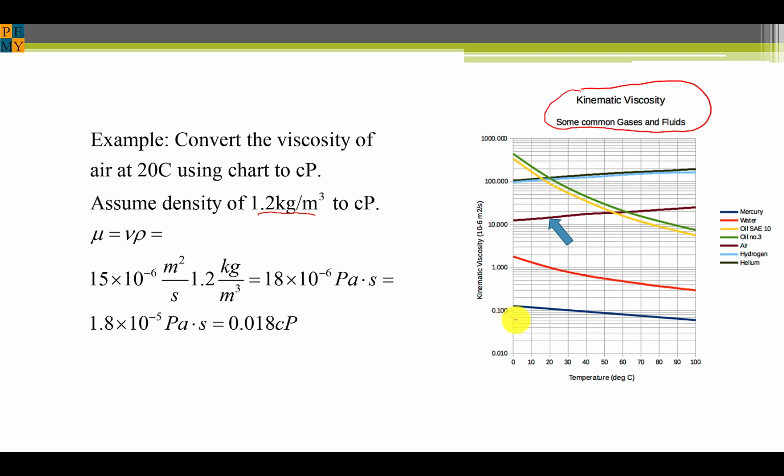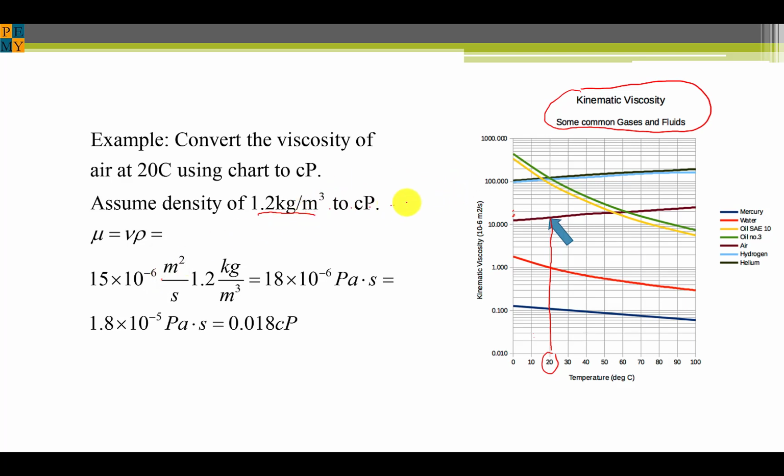The first thing we do is look at the temperature, 20 degrees C. We read up the vertical axis until we hit this number, and then read over here. You can see the accuracy can't be that great, but this is 10. This is a log scale. This would be 20. So we'll call that 15. So we have 15 times 10 to the minus 6.